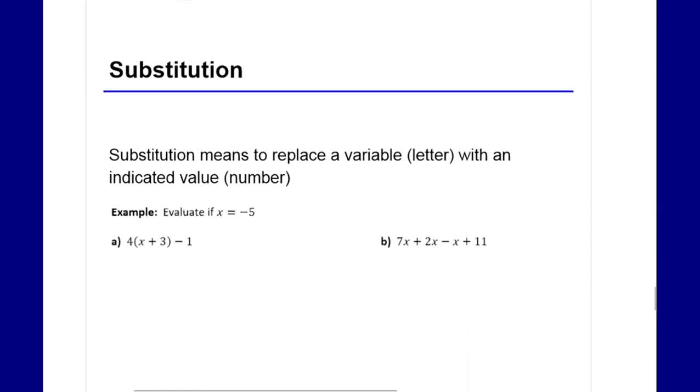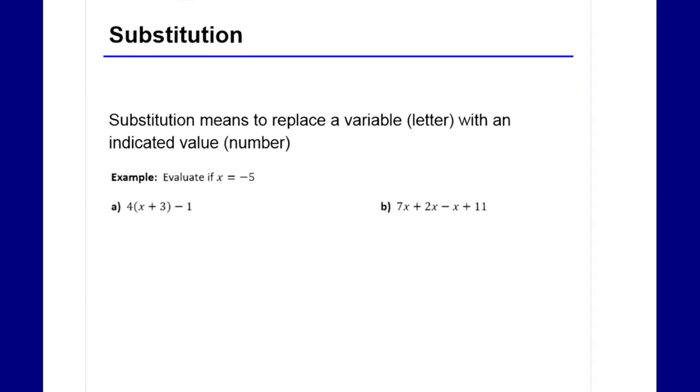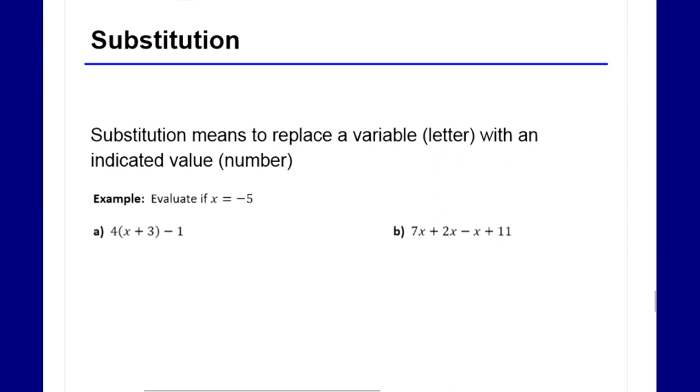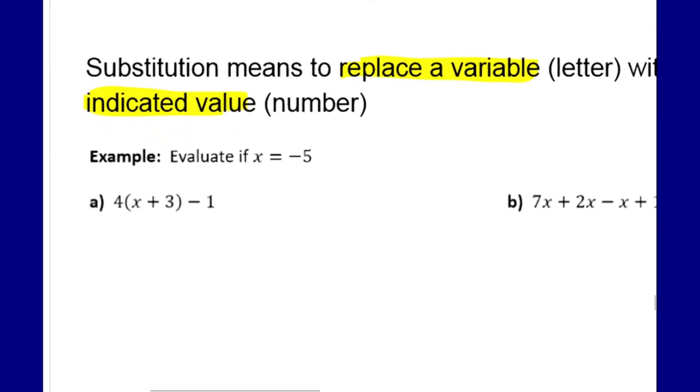Now, with some order of operations or with general expressions, we might have to substitute. And substitution just basically means replace a variable or a letter with an indicated value or with a number. So for example, the first one, we want to evaluate each expression if x equals -5.